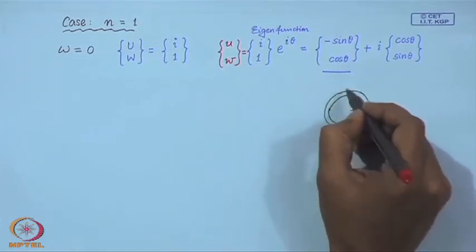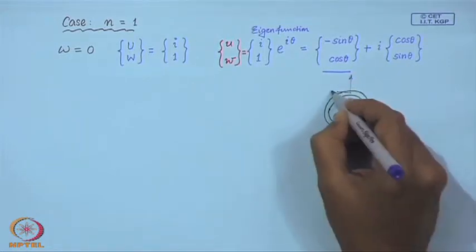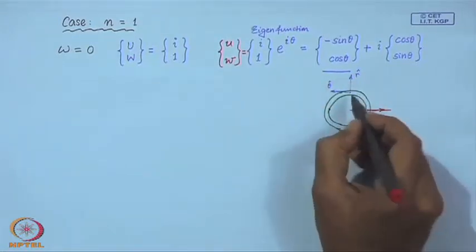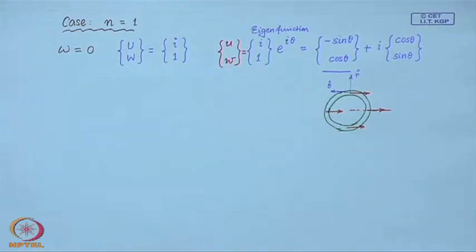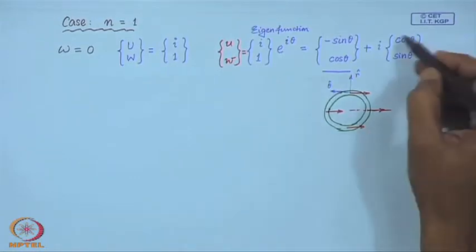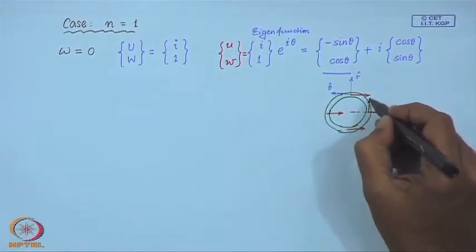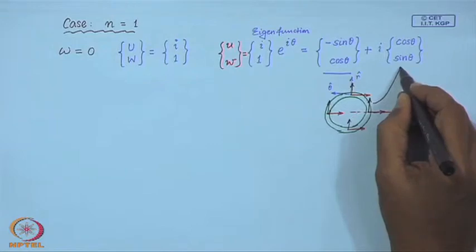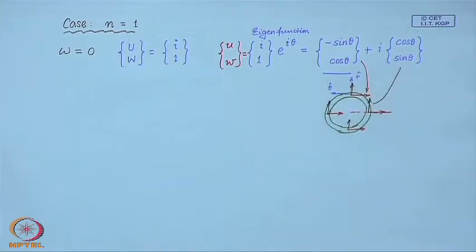Now, minus 1 would mean, because the axis here is like this, so minus 1 would mean this, and similarly you can find out that this represents a motion like this, and similarly this eigenfunction vector will represent a motion like this.